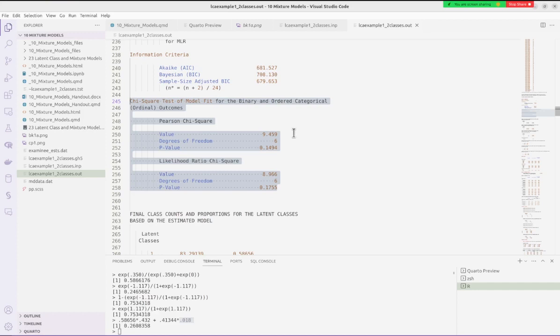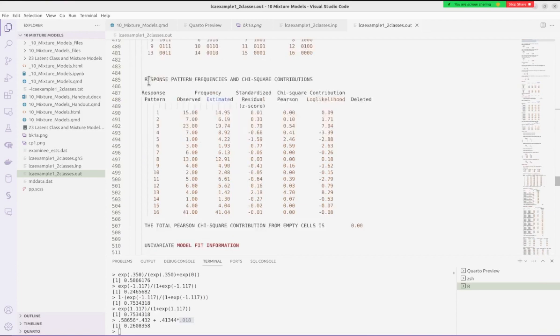So, just to be clear, from the response pattern, frequency, and chi-square contributions table, we are taking that difference between the observed and estimated numbers for each response pattern there. Then we have the chi-square value, summing those differences. Correct. But those differences are not displayed there, right?